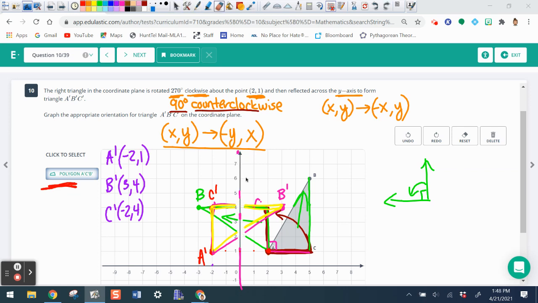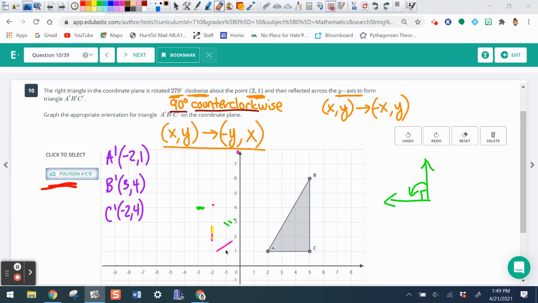So now I'm going to clean all this up so I can actually graph it using the tool they provided. So I believe we need to click to select. And then I'm going to go and plot my points. I'll start with A prime, which is at (-2, 1).